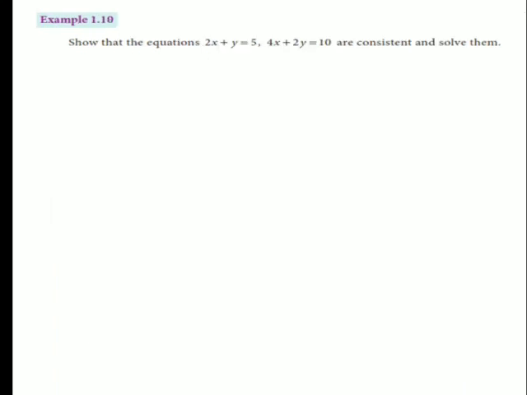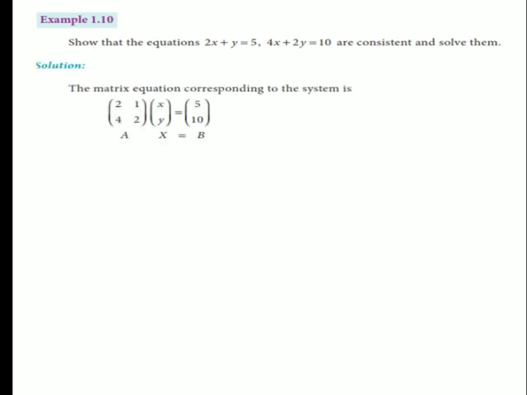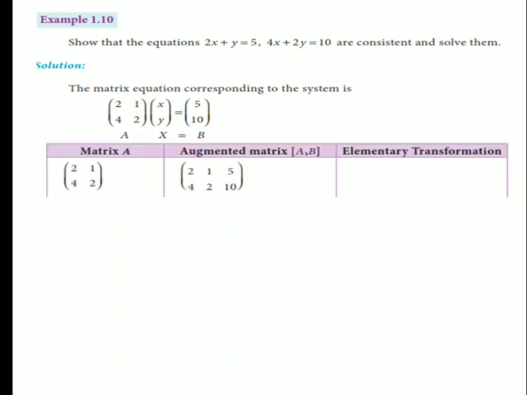Next, example 1.10. Show that the equations 2x + y = 5, 4x + 2y = 10 are consistent and solve them. First you write this equation in matrix form AX = B. Then you write the matrix A and the augmented matrix (A, B). First you modify row 2: R2 minus 2 R1.